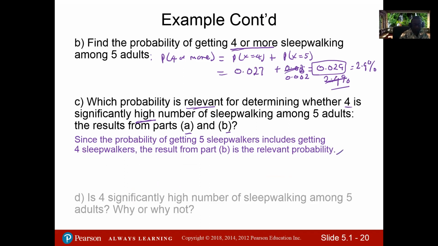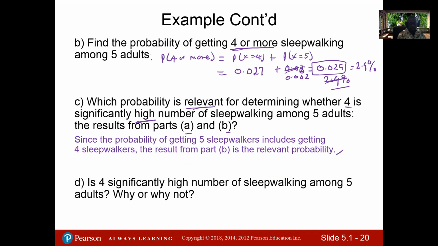And then finally, the question is: is 4 a significantly high number of sleepwalkers? Why or why not? Remember, to determine that, you have to find the probability of X or more. This must be less than or equal to 0.05 if we use 5%. So that gives us the probability of 4 or more.